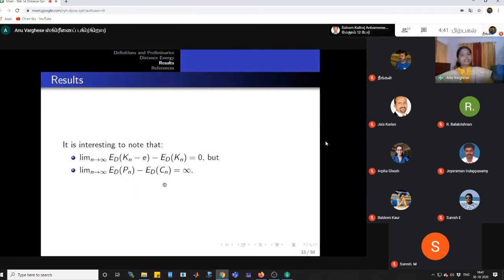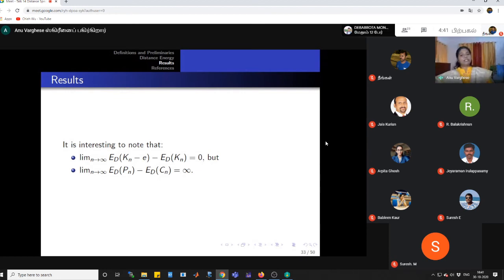That is, if we consider a cycle of 100 vertices, then if we delete an edge, the two vertices which were at distance 1 will be changed to a pair of vertices with distance almost half, that is 50.